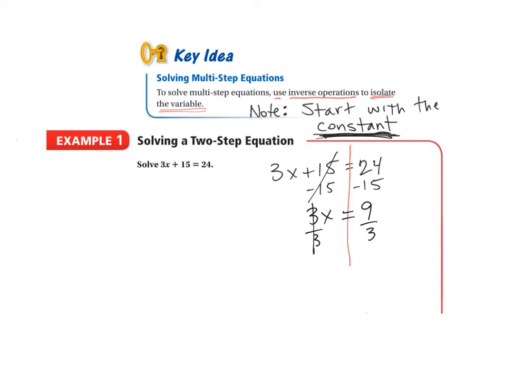It's 3 times x. We divided by 3, making 3 over 3 1x. And then 9 over 3. This thing right here just means divided, remember? So 9 divided by 3 is 3. And we can put a little box or circle saying that we are done with that.